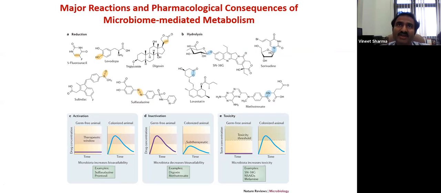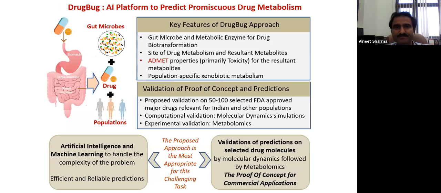Sometimes the presence of microbes leads to a wanted response of the drug. Sometimes it's deactivated, like in the germ-free and colonized animals that you see here, and sometimes it leads to toxicity. So microbes do have an important role to play in the gut when we consume drugs.